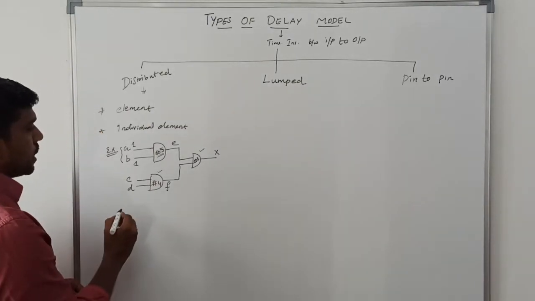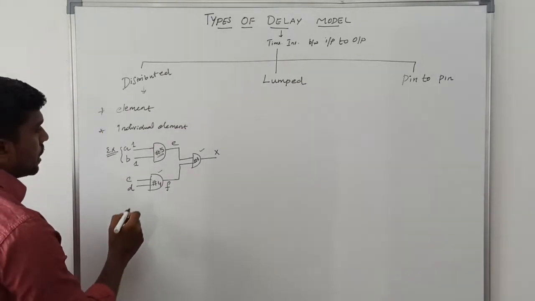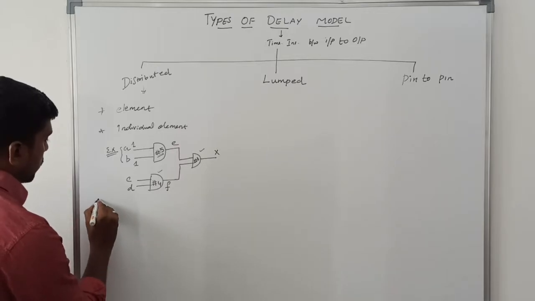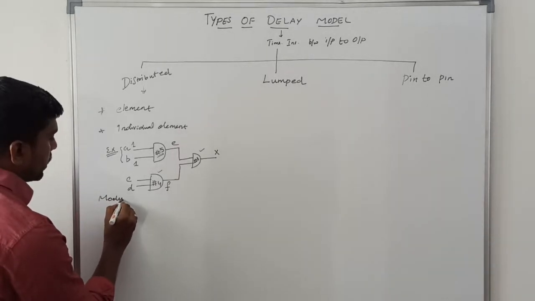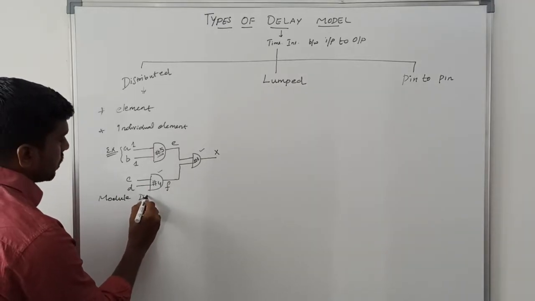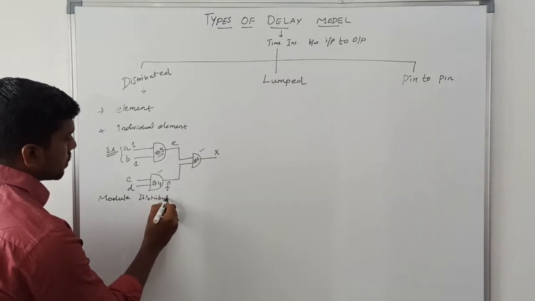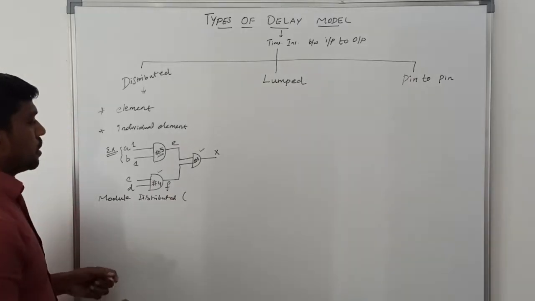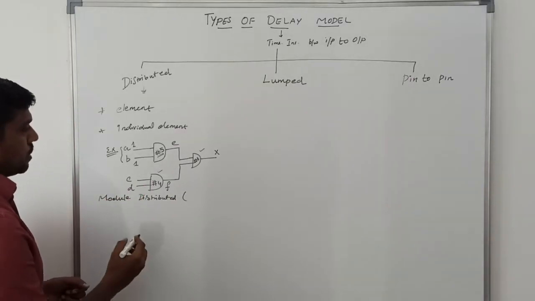Now I am going to write the Verilog HDL program for the specified logic circuit. As usual, first you write module, then the module name is distributed, then you specify the port list.